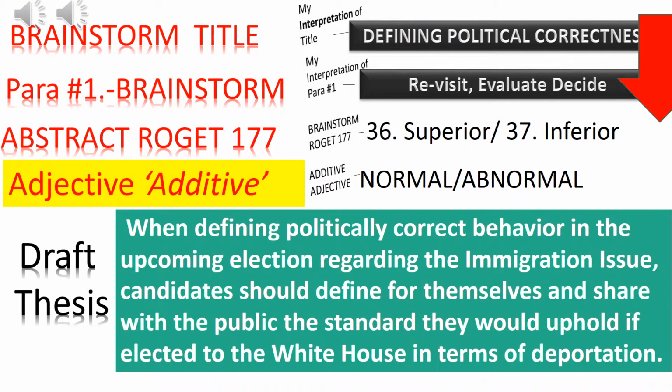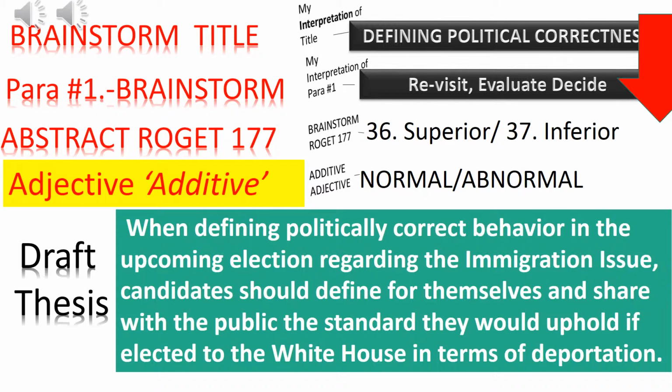Here's the slide now that we begin to construct our draft thesis. We look at the first two: brainstorm from the title, defining political correctness, and the first abstract concept from my personal graphic organizer from paragraph 1, revisit, reevaluate, and decide, which was attached to Roget 177, 36, 37, superior, inferior, and then I added an adjective, normal, abnormal.